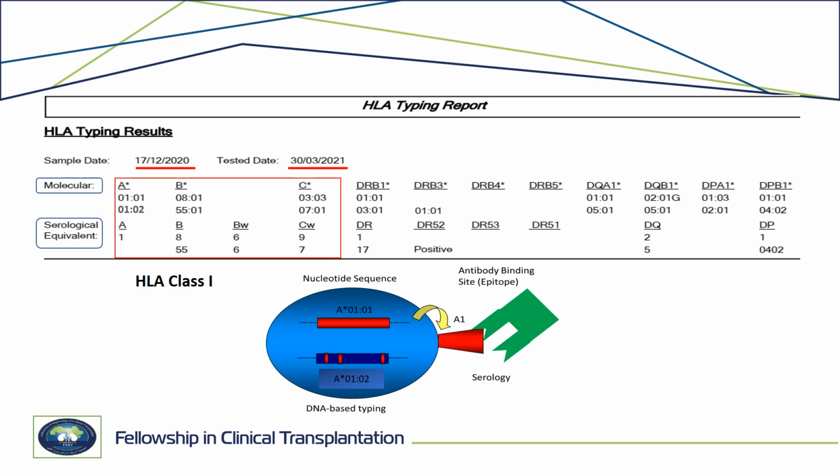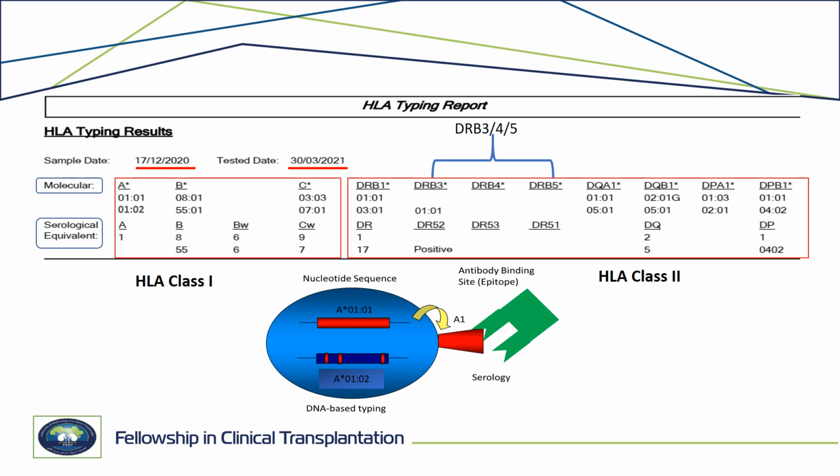So this is locus A, B, and C, which is the class 1 that I already discussed. And then in the second part, this is the class 2, which consists of DR beta 1 and then DR beta 3, 4, 5, and then the DQ alpha 1, DQ beta 1, DP alpha 1, and DP beta 1.